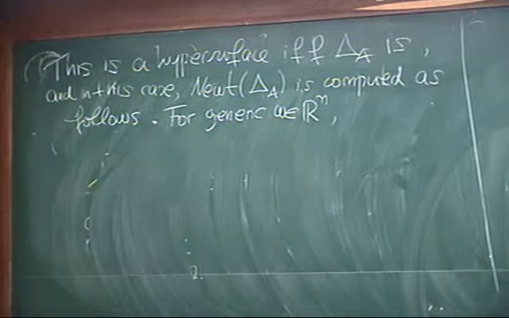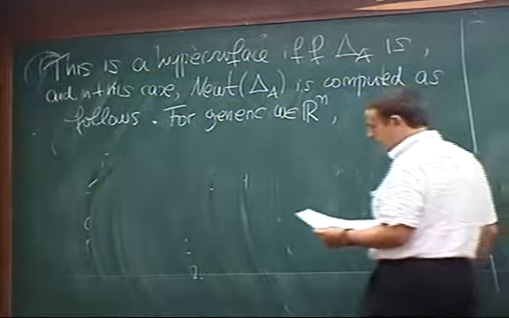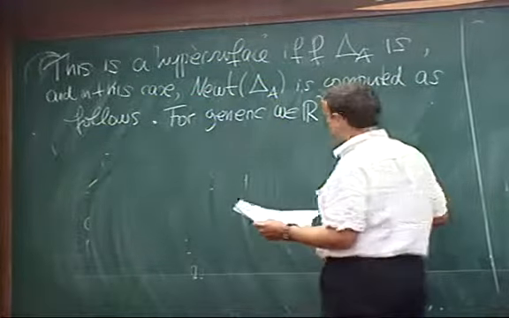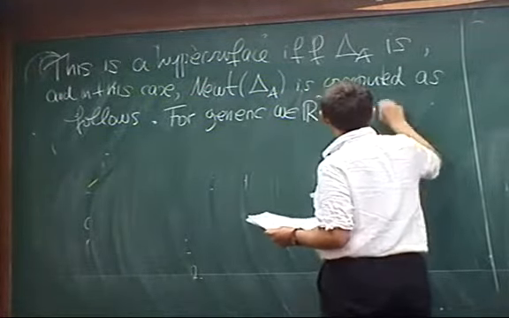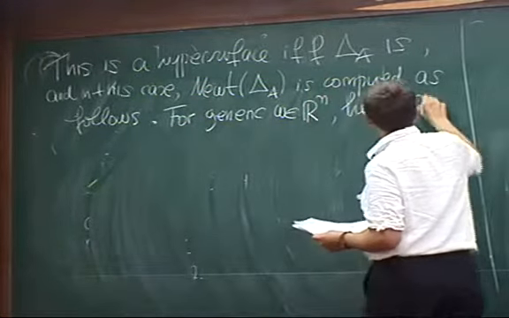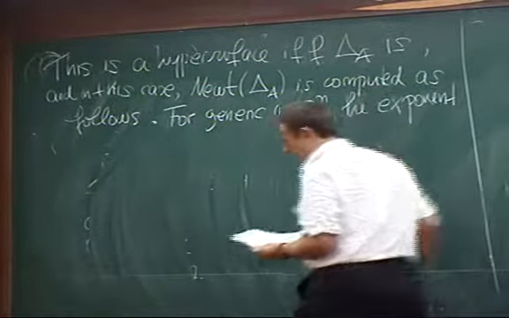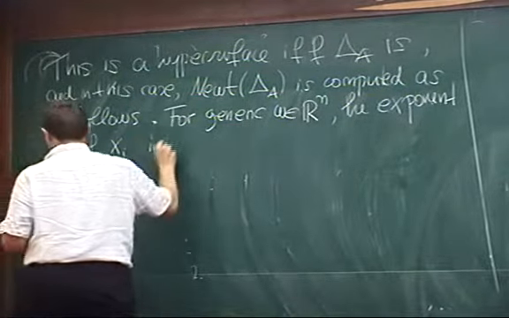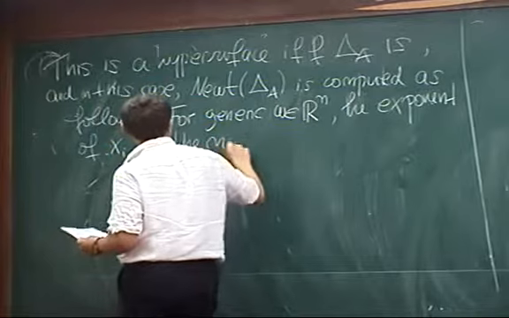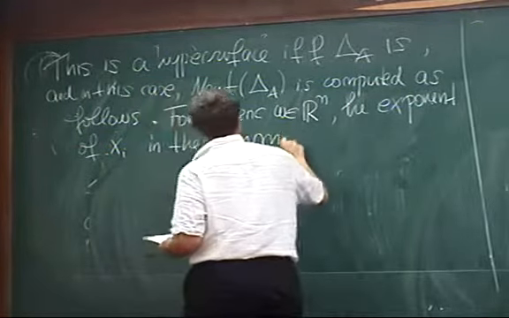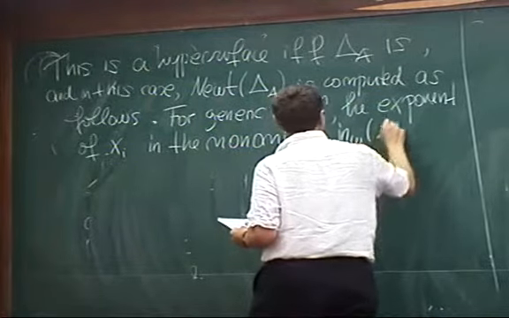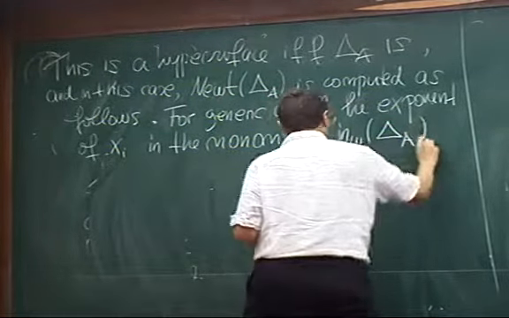Okay? So for a generic W, I'm going to give you this vertex, and I'm going to give you the ith coordinate, so the exponent of xi in the leading monomial. So this is the leading monomial.